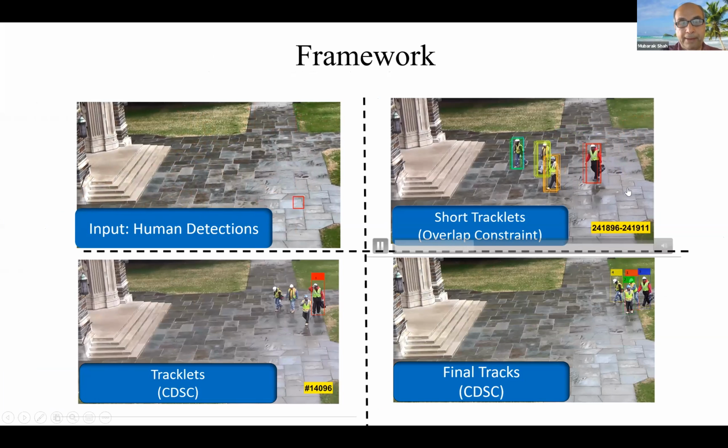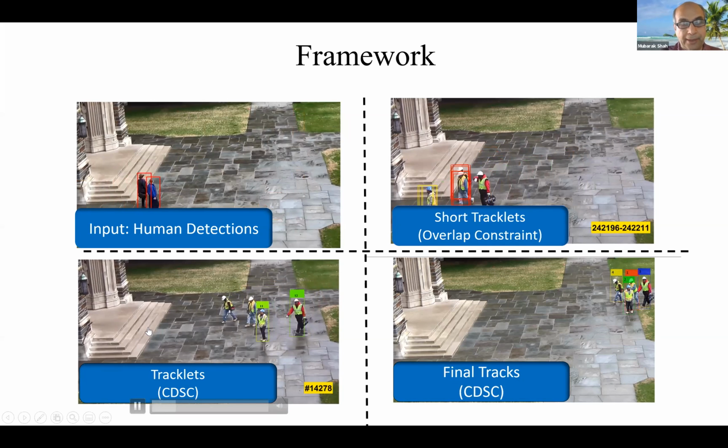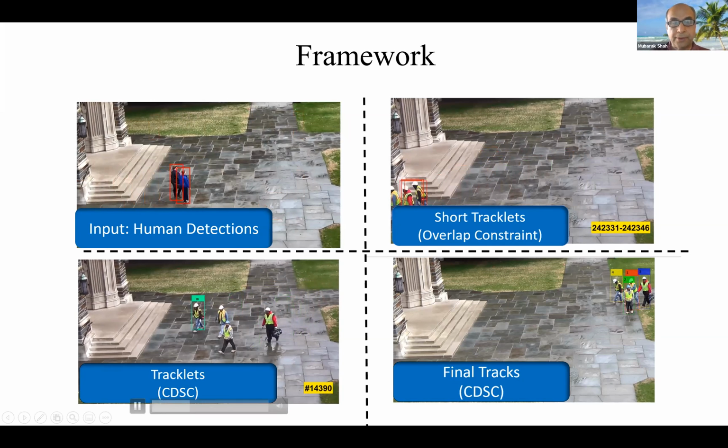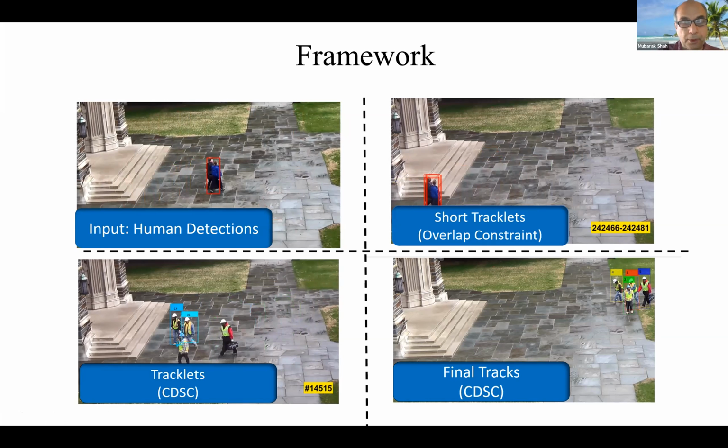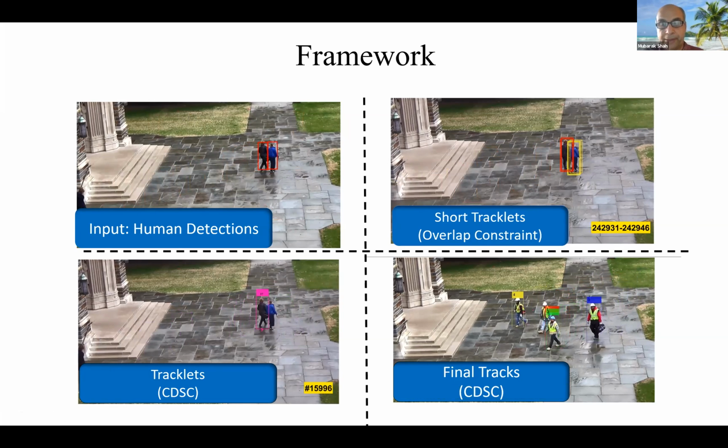Given that, we go to the next layer and get the tracklets by associating the short tracklets. And then finally, we get the full tracks for the whole camera, with each person assigned a different ID, and that works pretty well.